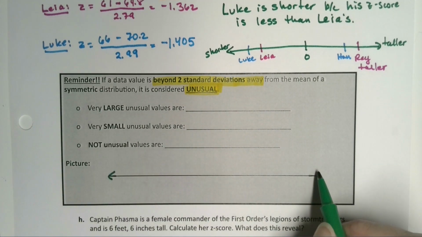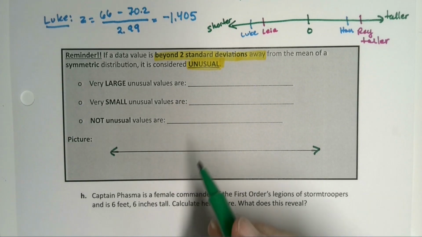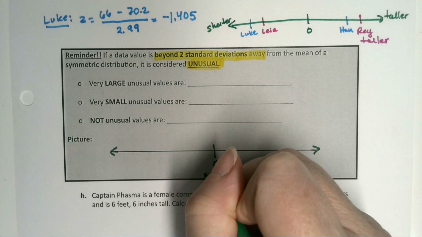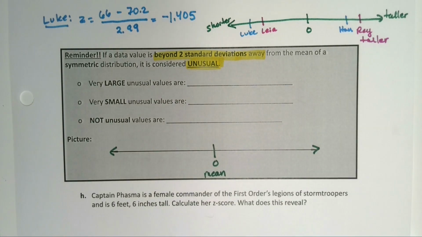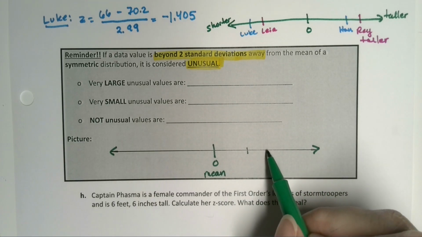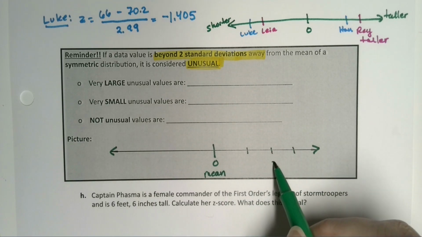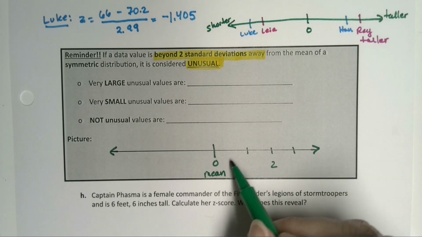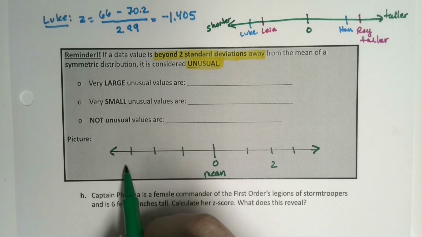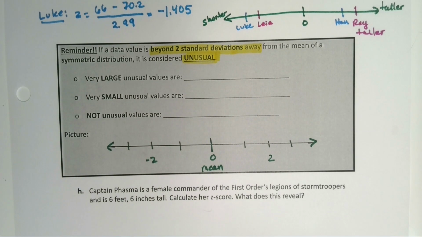On your number line, 0 is the middle. So anybody at the middle scored the mean, like Poe Dameron. Anything beyond 2, so there's 1, 2, 3, and so on. So this is 2 standard deviations away. And then there's negative 1, negative 2, negative 3, and so on. So there's negative 2 right there.